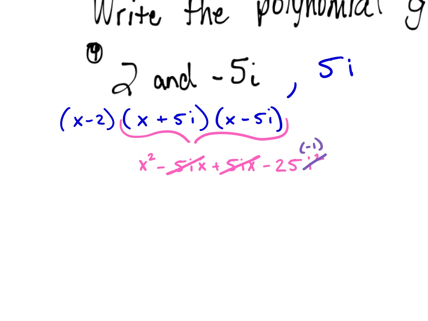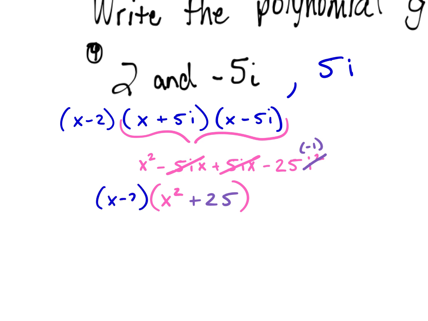It'll be negative 1, which changes it to positive 25. So since we had a negative 25, when we multiply it by the negative 1, it turns into positive 25. Any questions so far? All we did was multiply the x plus 5i and the x minus 5i. We FOILed those together.